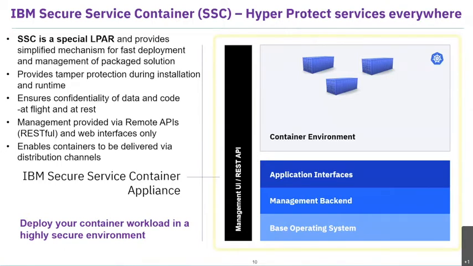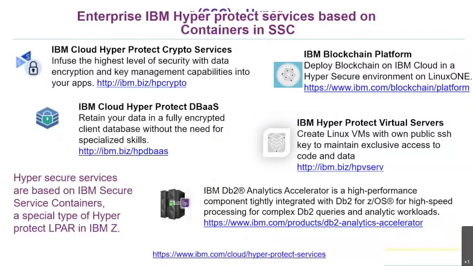All of those environments that are available today are based on this concept. So what we have today are environments or services based on the secure service container, which are in the cloud and on-premise. So you can have the IBM Cloud Hyper Protect Crypto Services to manage your encryption and key management in the cloud.